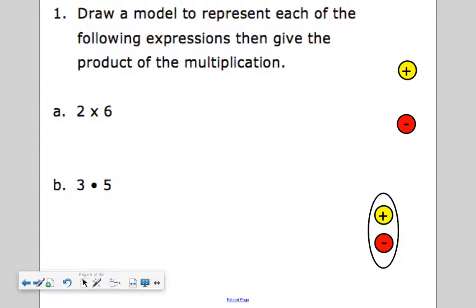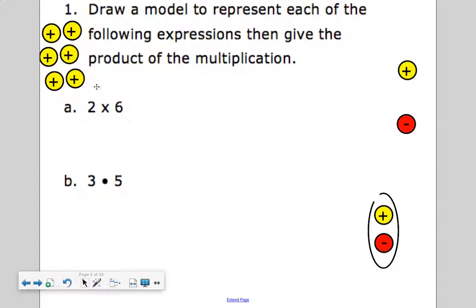Draw a model to represent each of the following expressions and give the product of the multiplication. 2 times 6 is 2 groups of 6. So this is my group of 6. Let's do another group of 6.